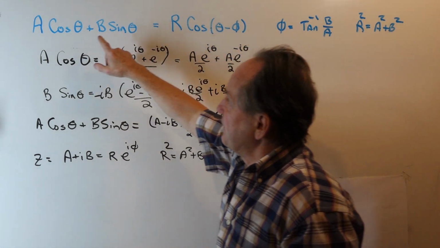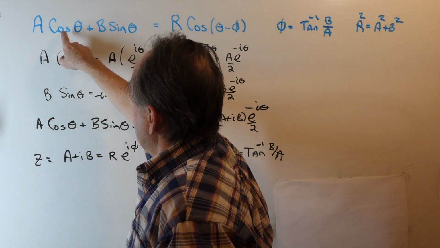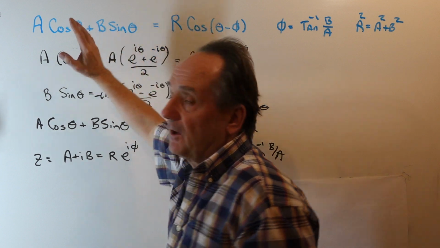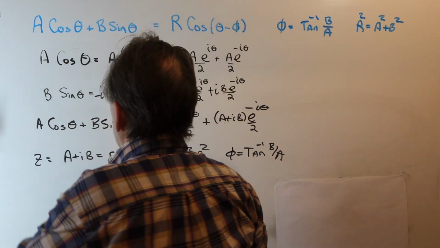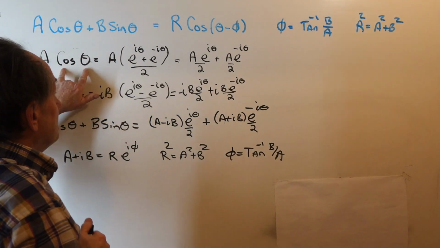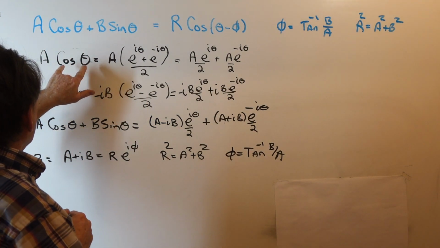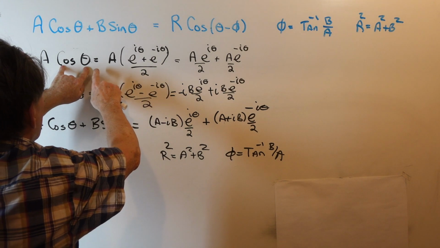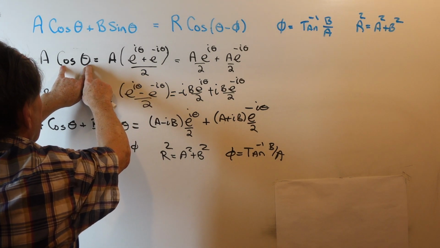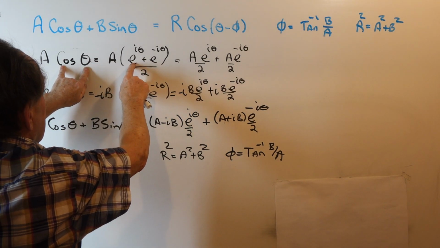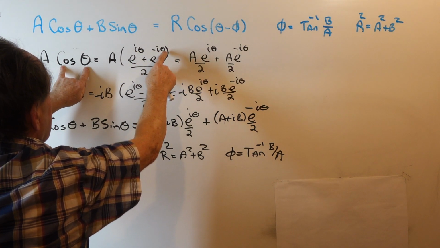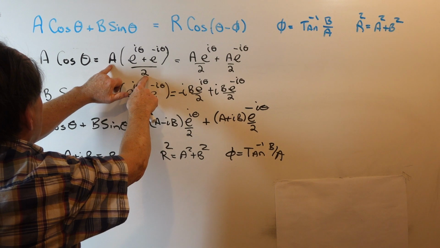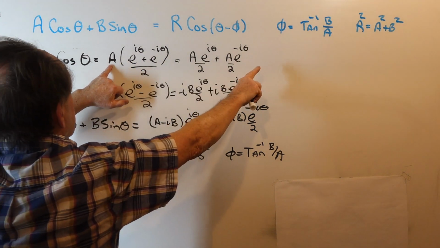Now, let's form the sum A cosine theta plus B sine theta using complex numbers. I'm using Euler's identity, as I showed you previously here, for cosine theta, written in exponential form, is e to the i theta plus e to the minus i theta over 2, and then we multiply by a and expand this out.